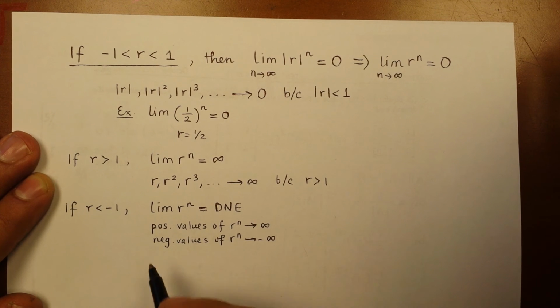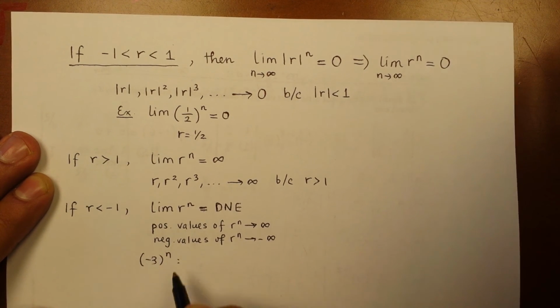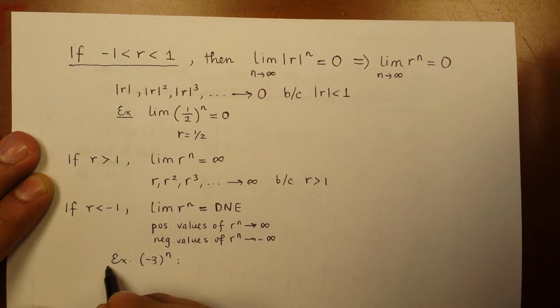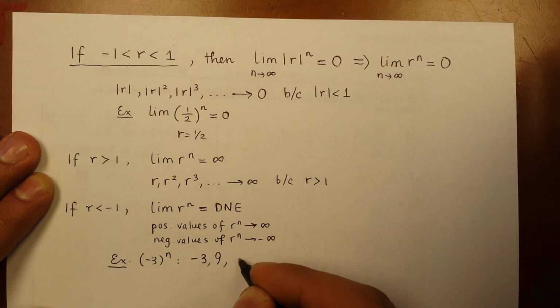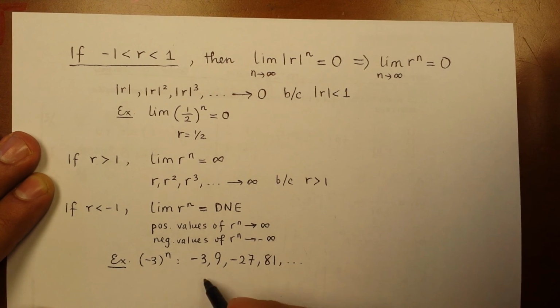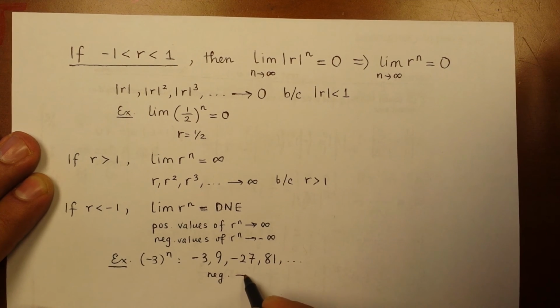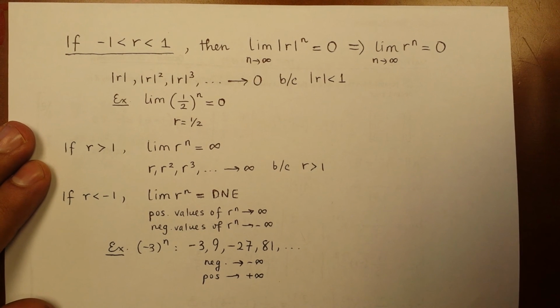For example, if you take -3 to the n, as a simple example, it will be -3 and then 9, then -27 and then 81 and so on. You can see the negatives go to negative infinity, and the positives go to positive infinity. So the limit doesn't exist. It oscillates between negative and positive large values.